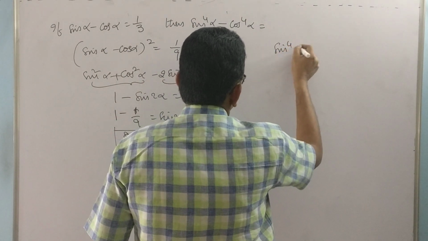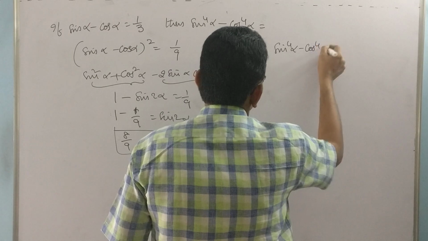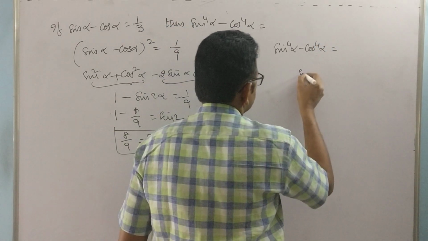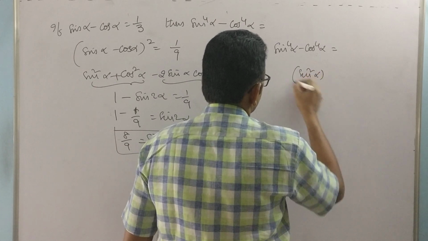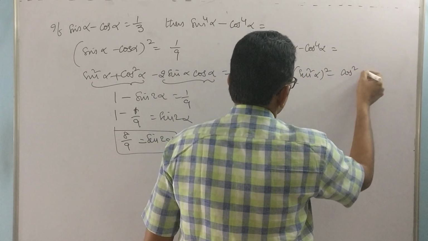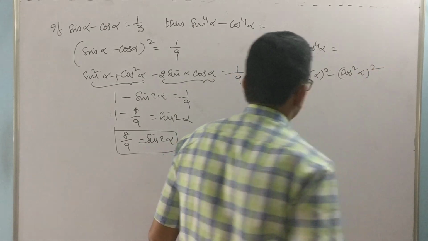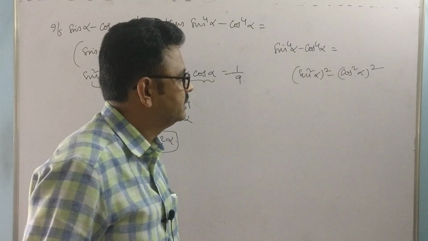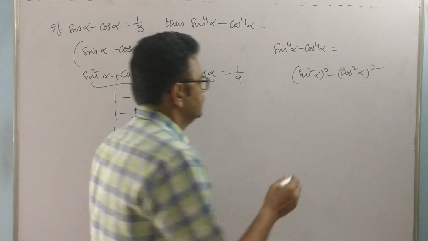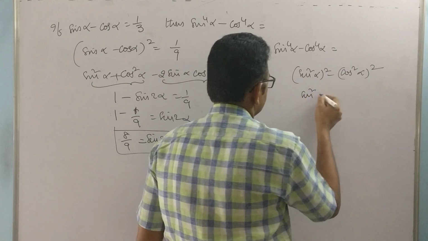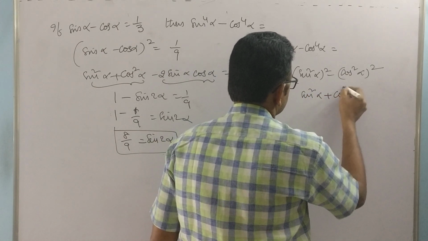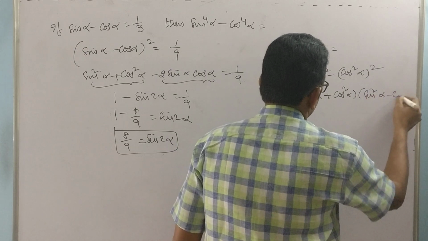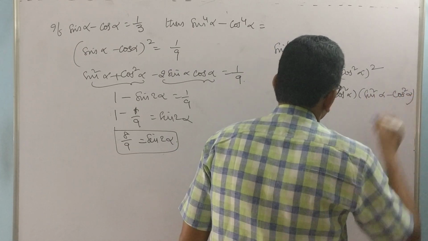Now the value of sin power 4 alpha minus cos power 4 alpha is equal to sin square alpha whole square minus cos square alpha whole square. So this is a square minus b square form, that is a plus b into a minus b. So this is sin square alpha plus cos square alpha into sin square alpha minus cos square alpha.